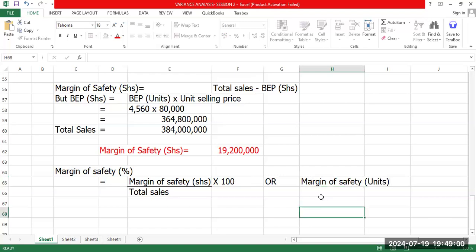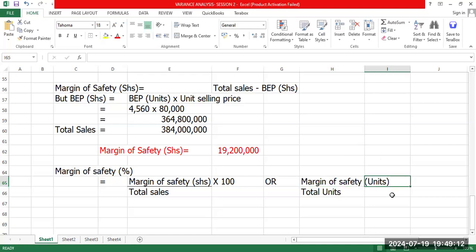If you do that, then you divide by total units, then after that, you multiply by 100.